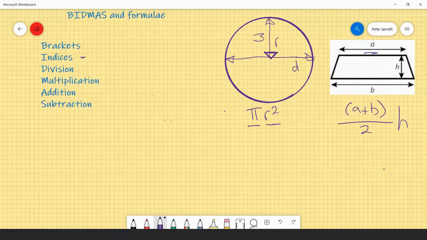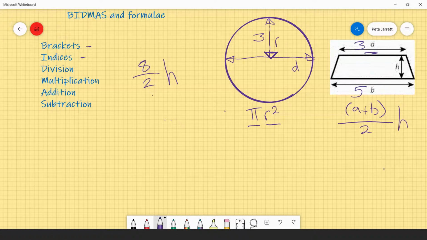Let's call that 3, and B, which is the length of the bottom side, the bottom edge. Let's call that 5. Because we have brackets, we would calculate the 3 plus 5 first. That's 8. That would give us 8 over 2, and then the h.